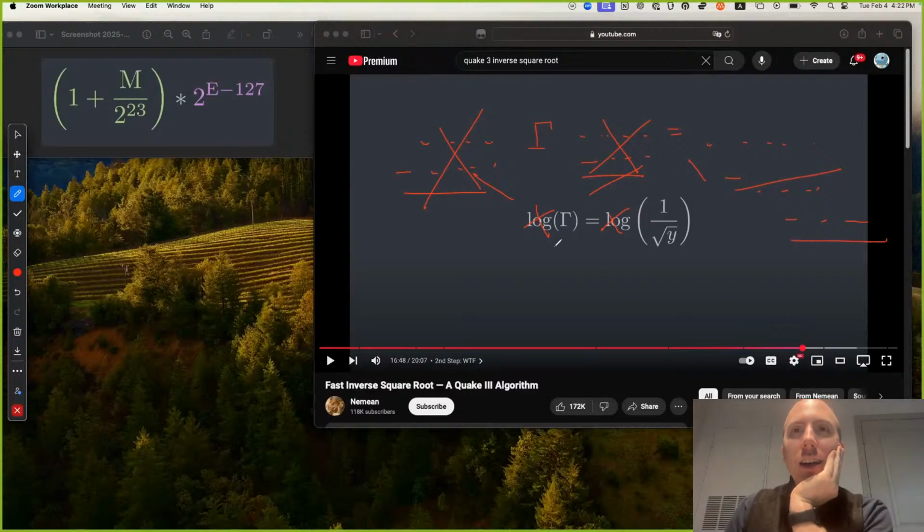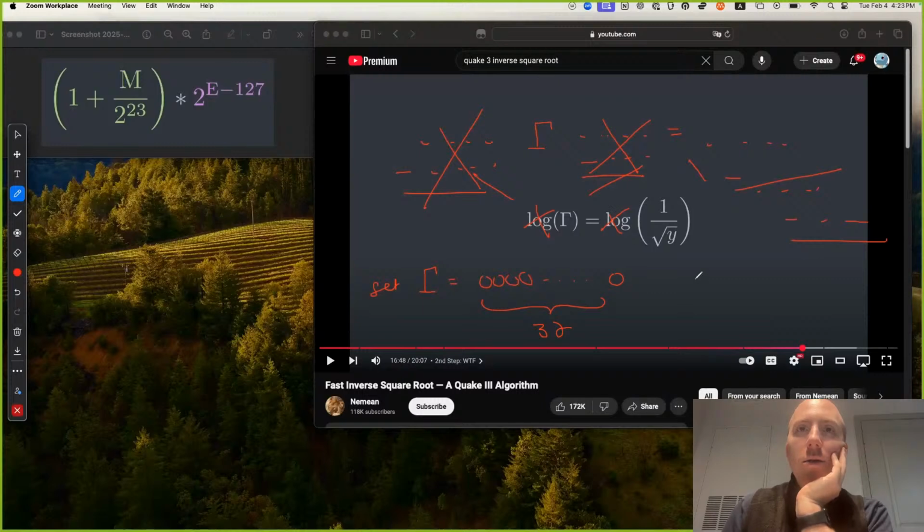It's kind of weird too, because the ultimate thing, it said we solve for the bits of gamma. It's almost like we say, all right, set gamma equal to 32 zeros, and then we solve for the mantissa of gamma is equal to something.